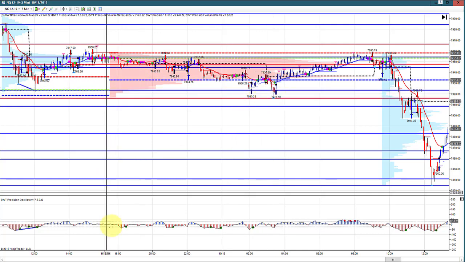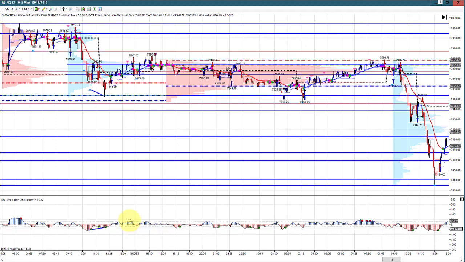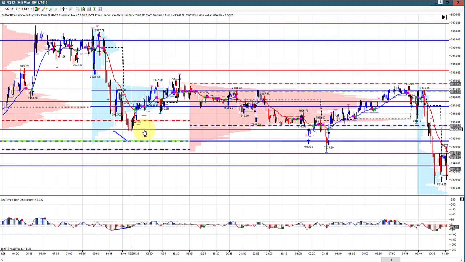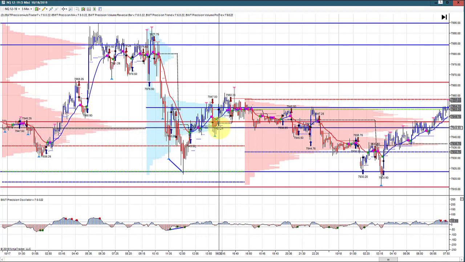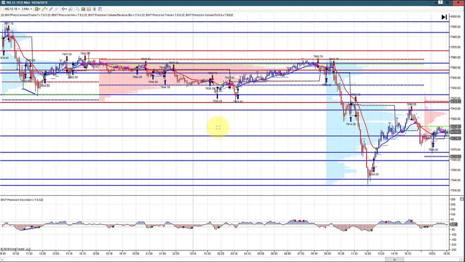It was also near the low of the previous section, which was more like 21, but it was the high of the value area for a previous day.